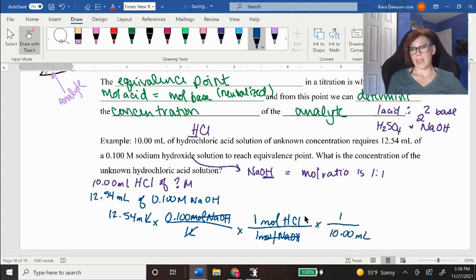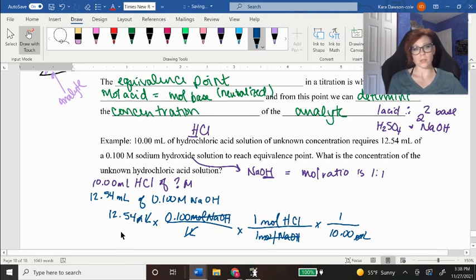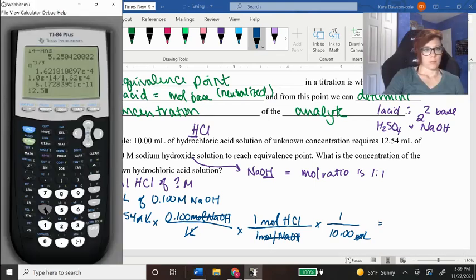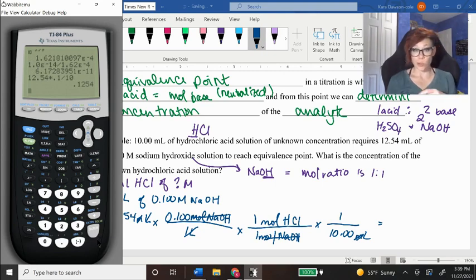Now, I can't cancel out my moles, but I can cancel out my milli here. So 12.54 times 0.1 divided by 10 would give me the concentration of my HCl. That gives me 0.125.